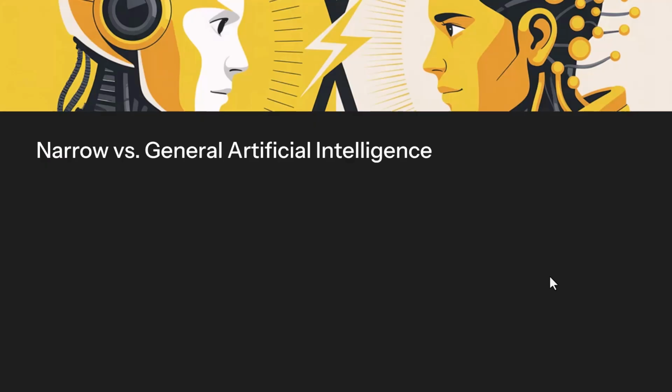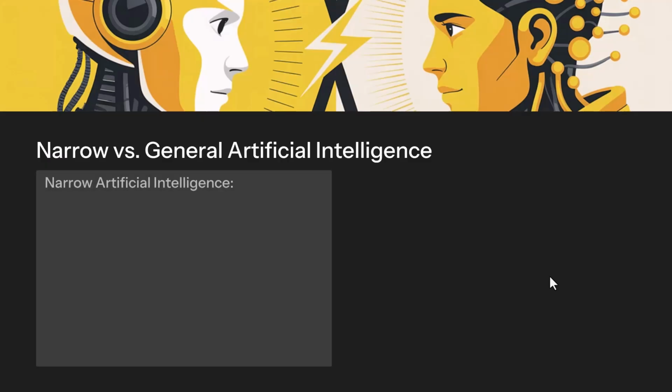So that brings us to a couple of different distinctions we can make here. One distinction we can make within artificial intelligence is the difference between what we call narrow versus general artificial intelligence. Now, most of the artificial intelligence we have today is fairly narrow, although it is getting more and more broad as we get more and more advanced. But what we mean by narrow artificial intelligence is an artificial intelligence system that is designed to perform a specific, well-defined task or a limited set of tasks.